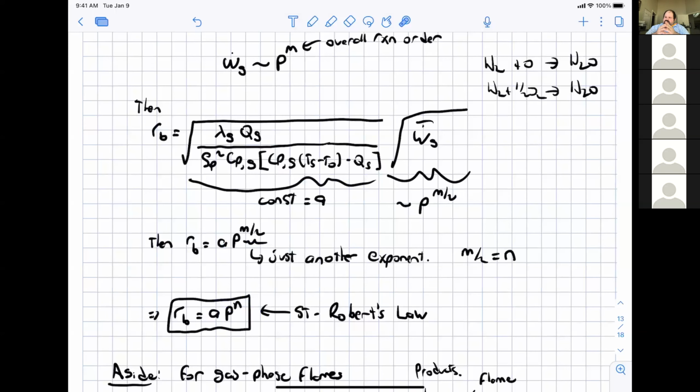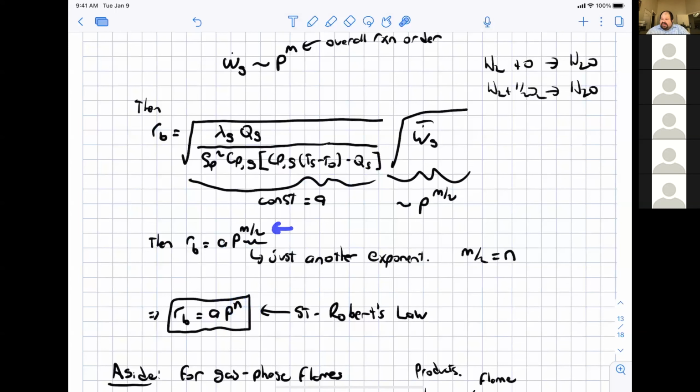Yeah, and again, there are a lot of other physical effects that can also affect the burning rate constant. So it is a bit hand wavy, but even for real propellants, this burning rate exponent is a strong indication of the overall reaction order of the gas phase side.